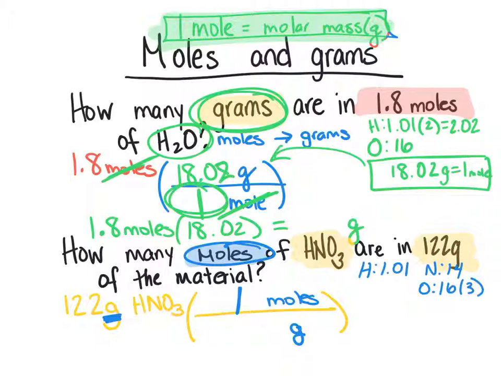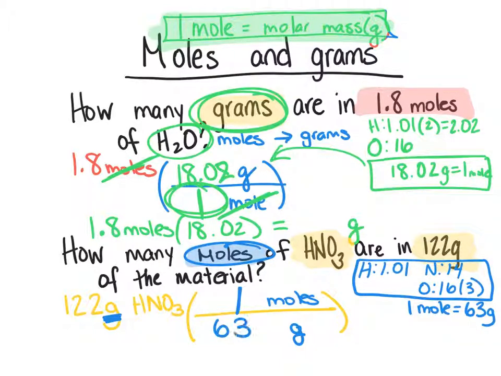So I have to add that all together in order to find the total molar mass of HNO3. So I've got to find how much 1 mole of this material weighs. So 1 mole of HNO3 weighs about 63-ish grams.